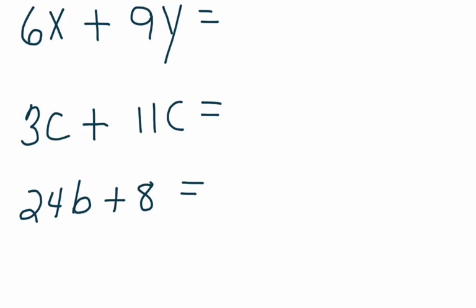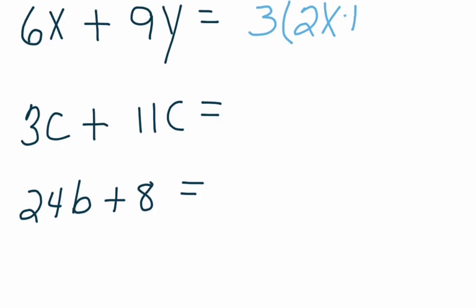So for the next example, we have 6x plus 9y, okay? Now there's not going to be any even numbers, so it's not going to be just letters and numbers, but what factor do 6 and 9 have in common? Because x and y obviously are different. 6 and 9 both have the factor of 3 in common. So we're going to pull 3 and put that on the outside. 3 times what is going to equal 6? 3 times 2 is going to equal 6, and we still have the x.